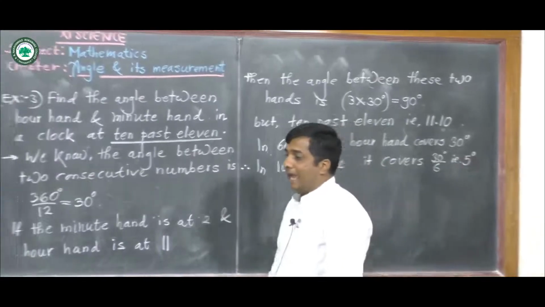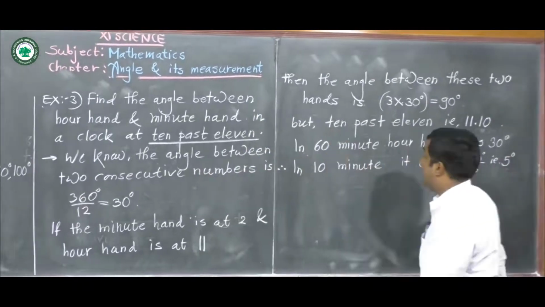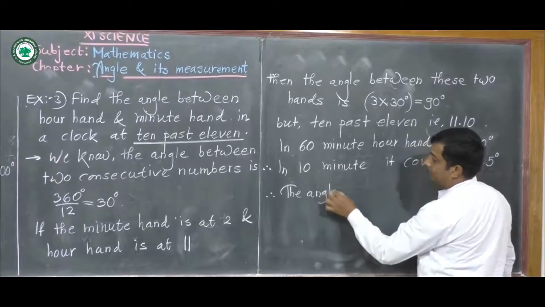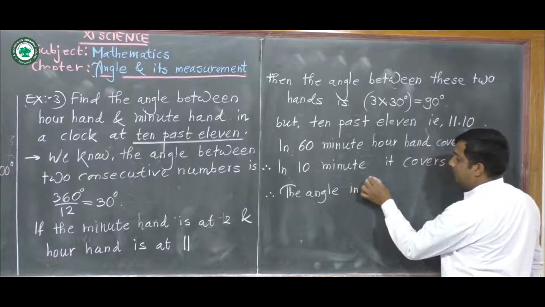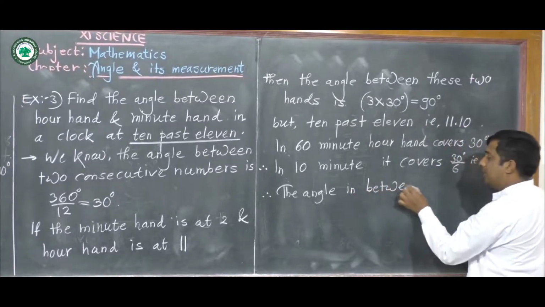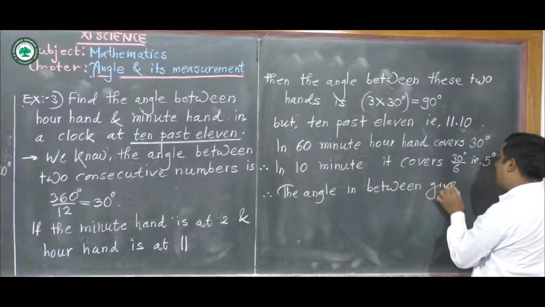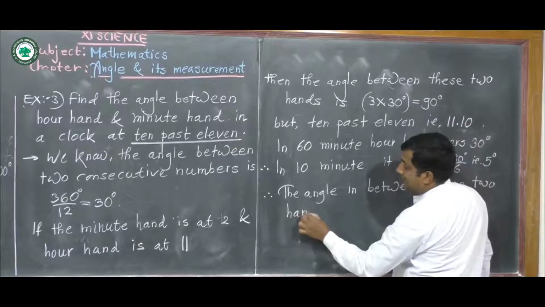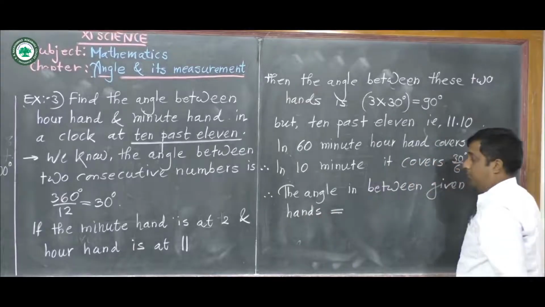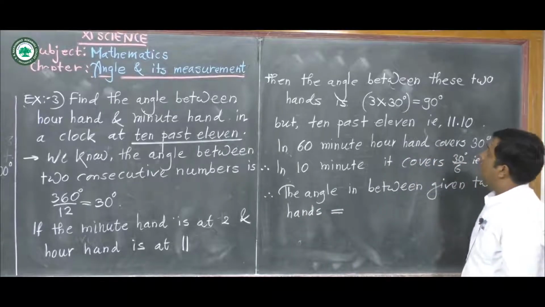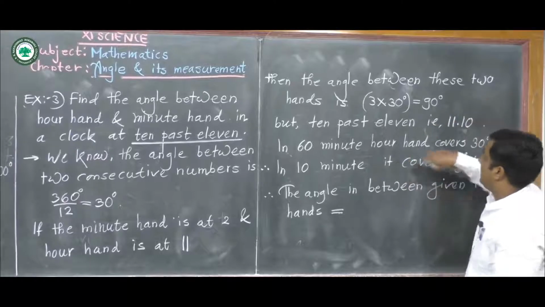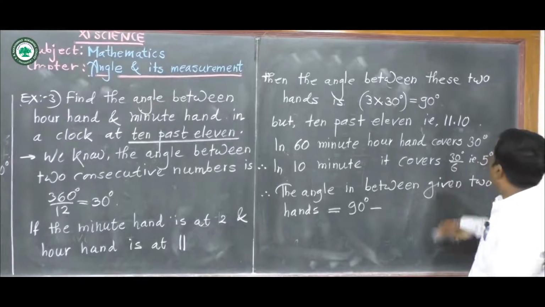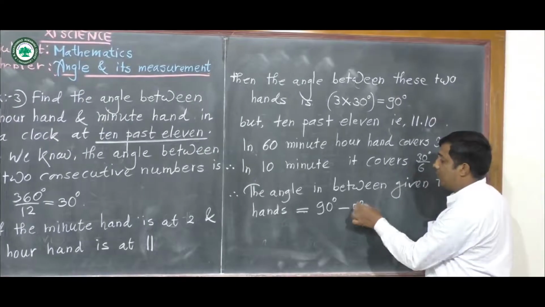So the angle between the given two hands is equal to, we know the angle between these two hands is 90 degrees minus, for 10 minutes we consider 5 degrees.